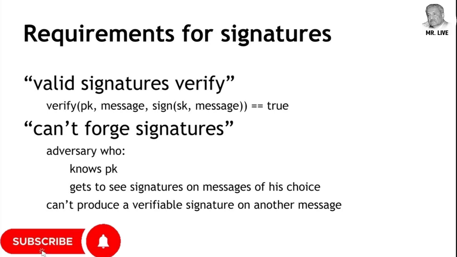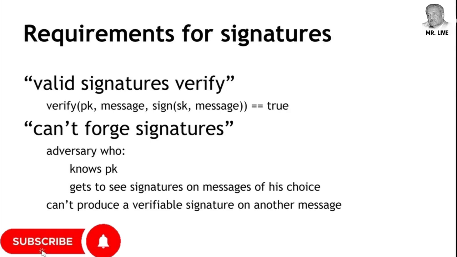Okay, so the requirements for the signatures at a slightly more technical level are the following two requirements. First of all, that valid signatures will verify. If a signature is valid, that is, if I sign a message with SK, with my secret key, that if someone then later tries to validate that using my public key and the same message, that will validate correctly.